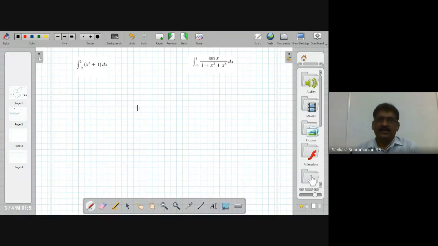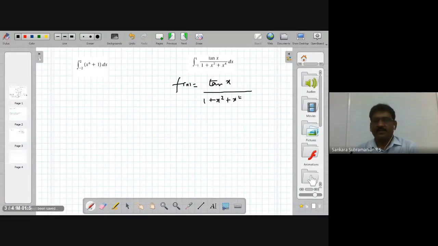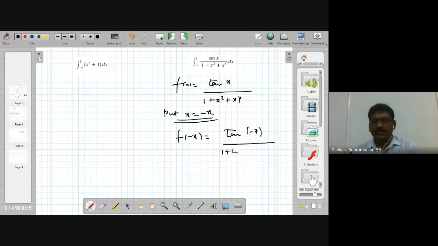But what is the trick here is, you have to take this function f of x as tan of x divided by 1 plus x square plus x power 4. You have to put x equal to minus x. So you get f of minus x is equal to tan of minus x by 1 plus minus x whole square plus minus x whole power 4.